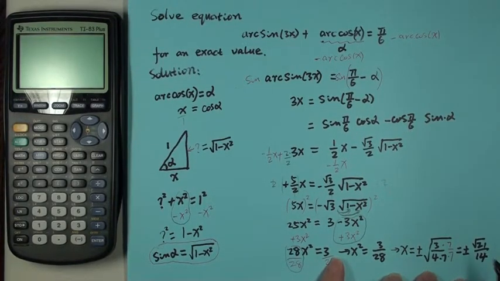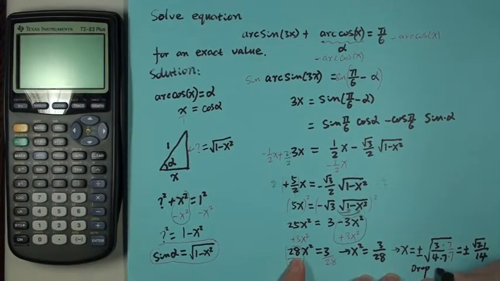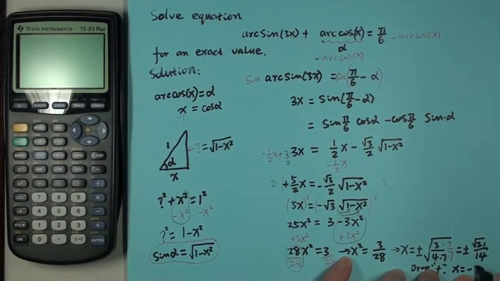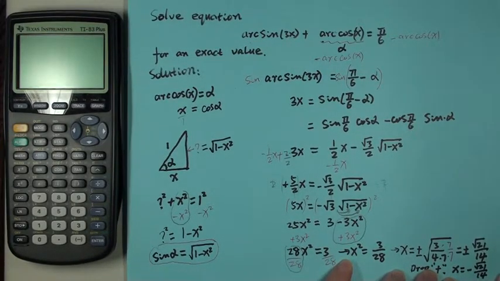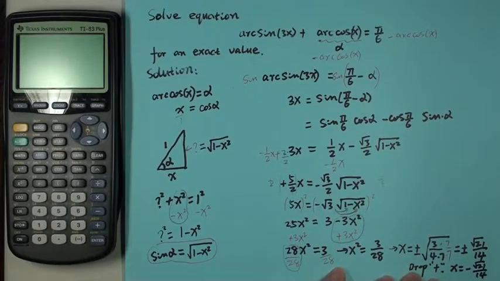Now here I have to tell you we want to drop the positive. You may say, why do you want to do that? That means I have to give you the final answer first, and then I explain to you. That's negative radical 21 over 14. Why is that?